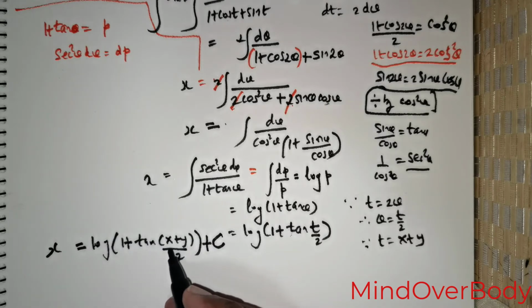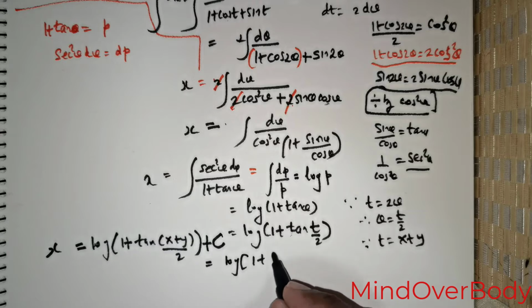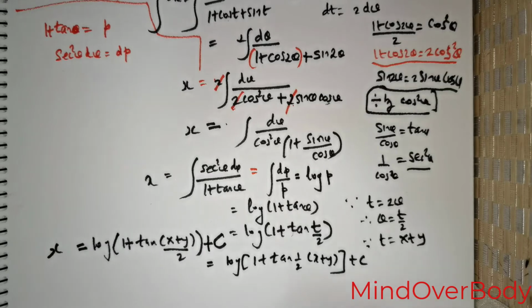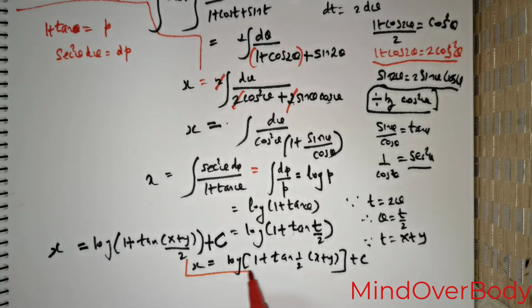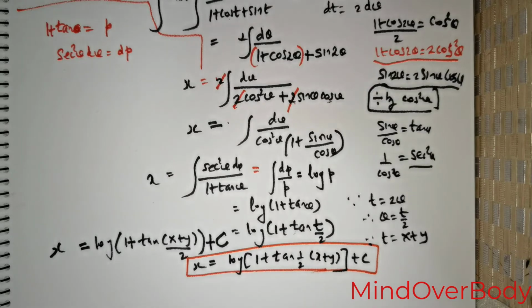Probably if you're not happy with x positive y over 2, you can rewrite this as log of 1 positive tan of 1 over 2 times x positive y. You can write it like this, plus arbitrary constant c, so that on the left hand side, make sure to place the x. So this is the solution for the question.